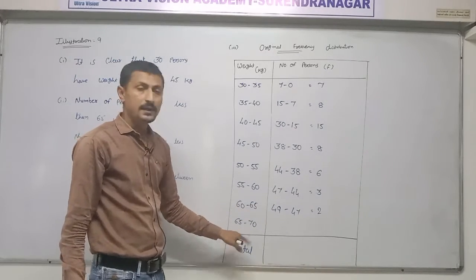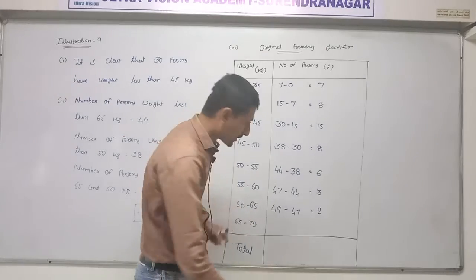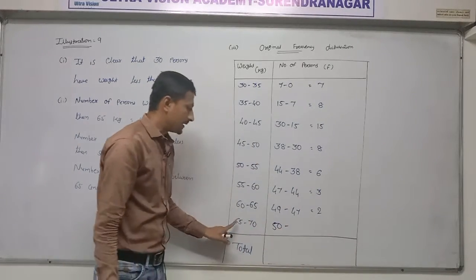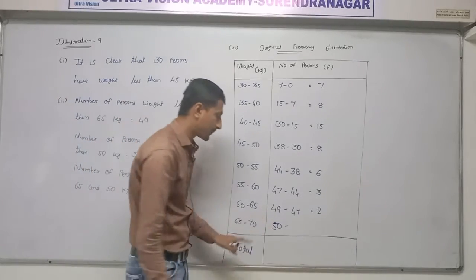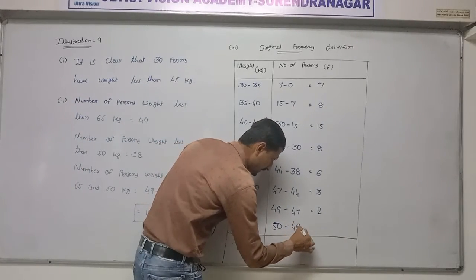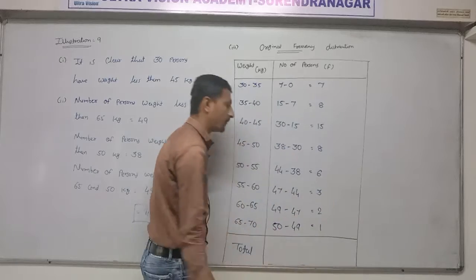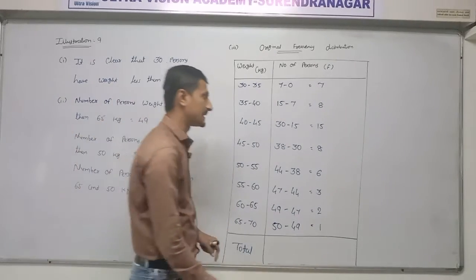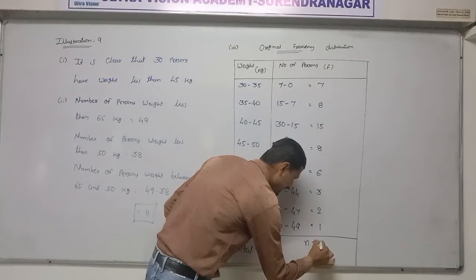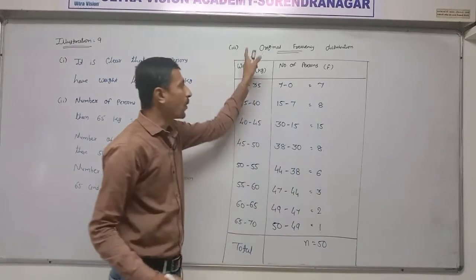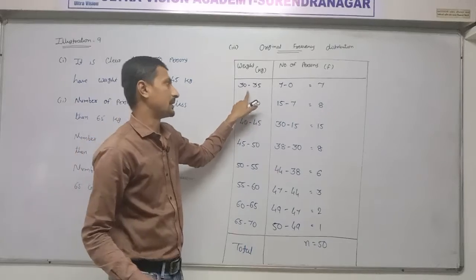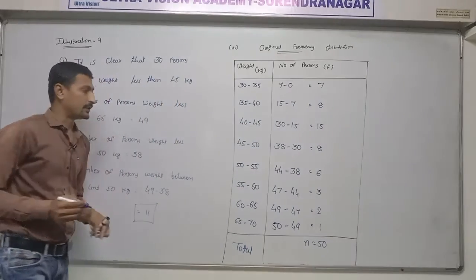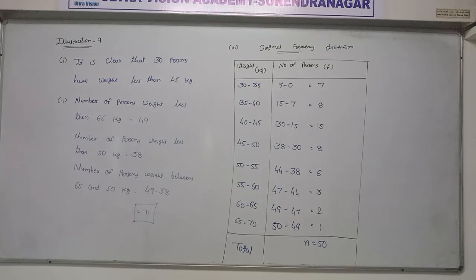And last, less than 70, the number of persons is 50, minus less than 65, which is 49. The difference is 1 person having weight between 65 and 70, and here n is equal to 50. This is the original frequency distribution, classes and frequencies. Here we have completed illustration number 9.